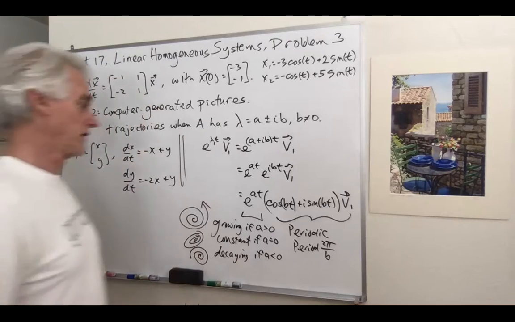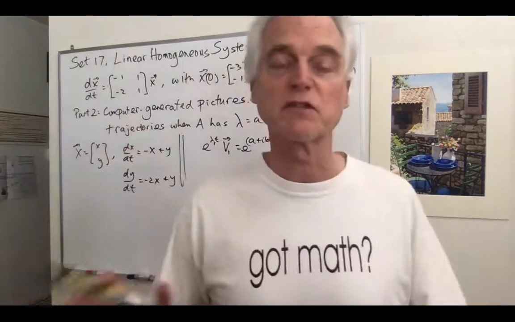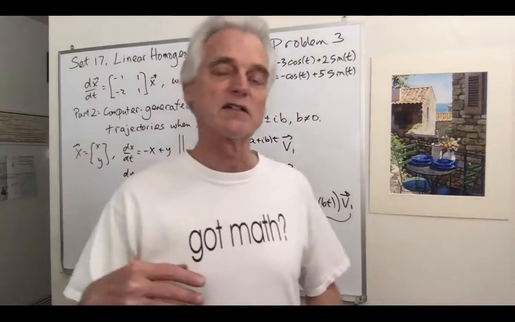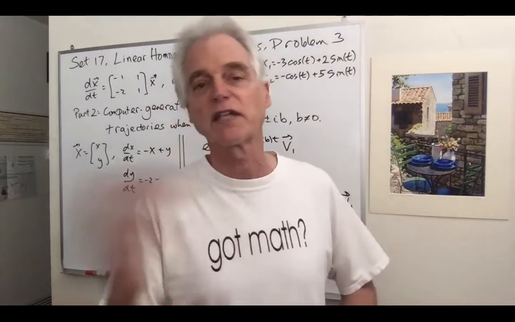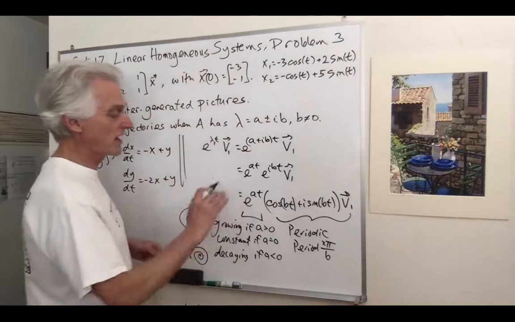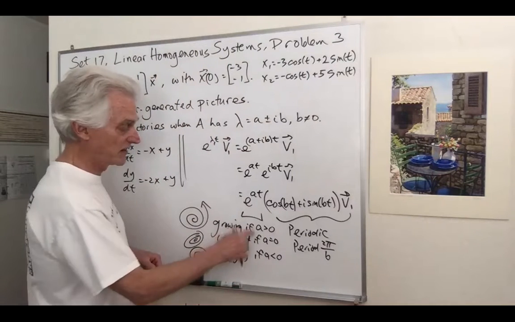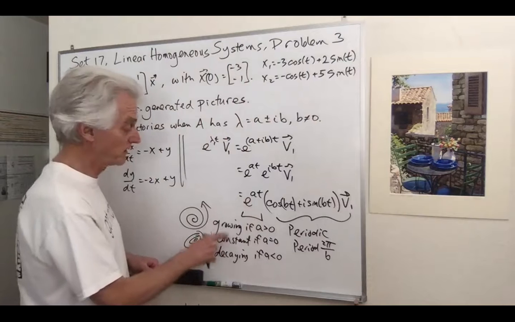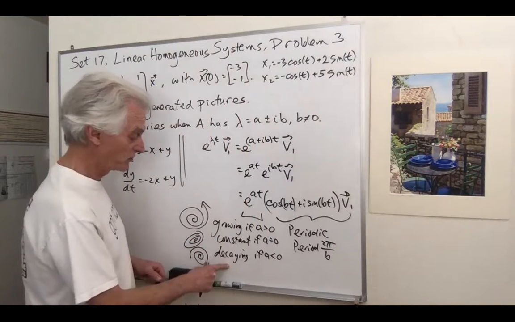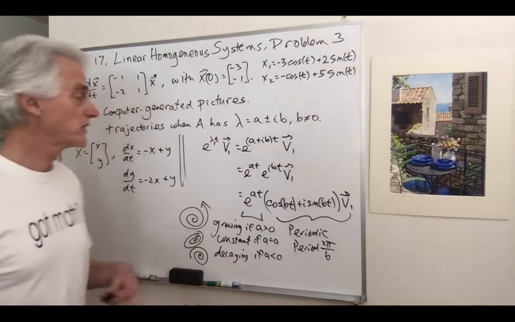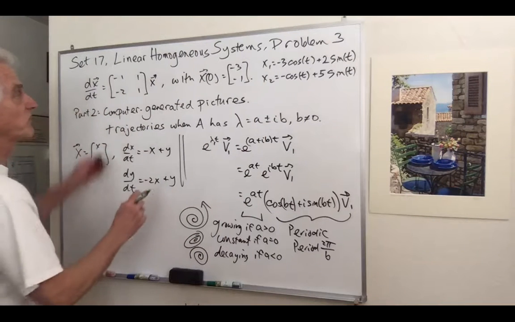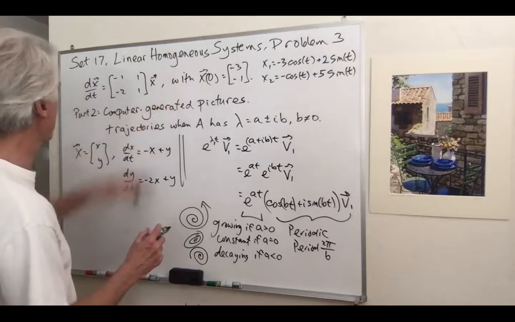Your WeBWorK problem asks if the trajectories are spiraling out, or ellipses going clockwise or counterclockwise, and all that. We haven't really answered if it's going clockwise or counterclockwise. This a is all you need to determine if you have spiraling out, ellipses, or spiraling in. Now to figure out which direction it goes, that's fairly easy by just plugging in one point.